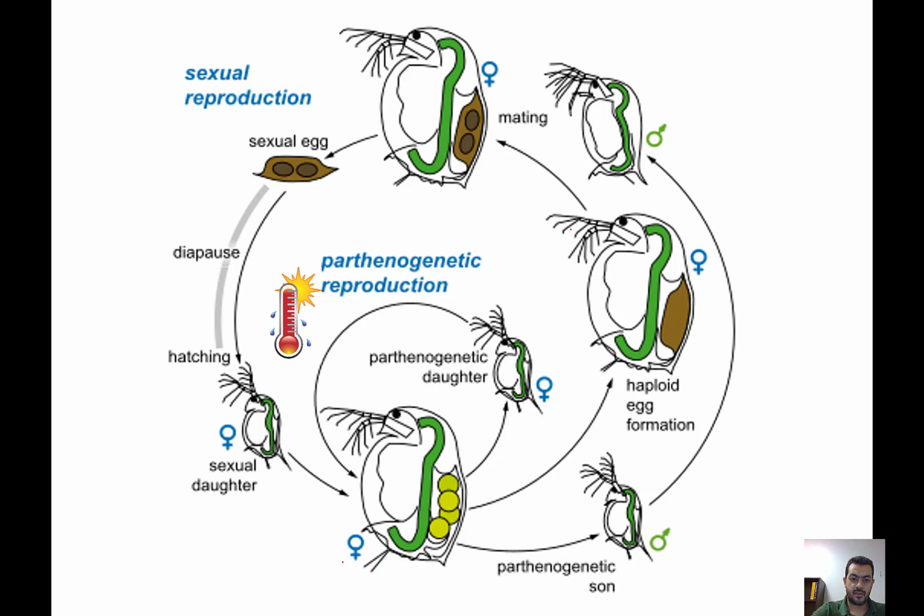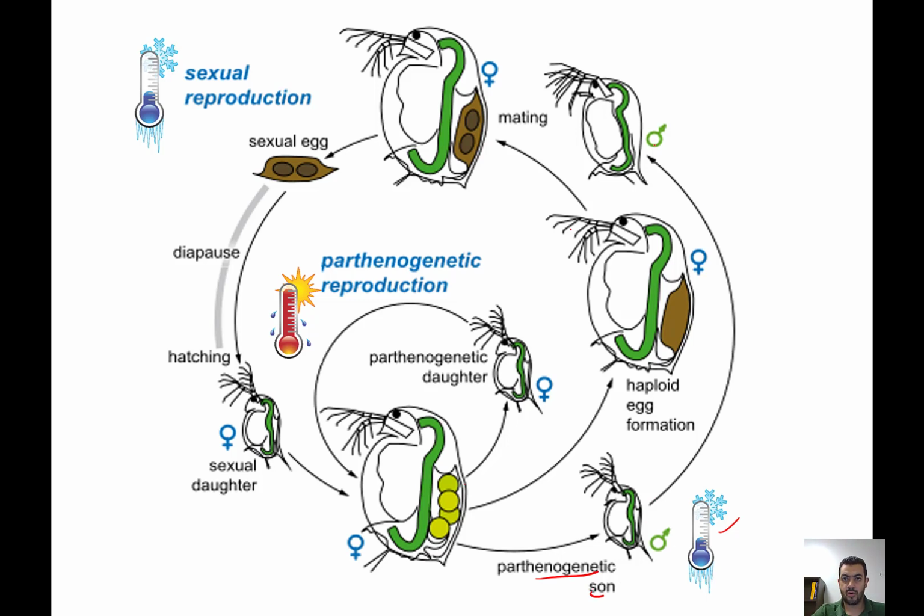Once the environment becomes unsuitable, for example during winter when it is really cold, or when the nutrients become unavailable, or when the pond becomes very crowded, what will happen? These signals will tell the Daphnia to produce males, and these are also diploid males, parthenogenetic sons.